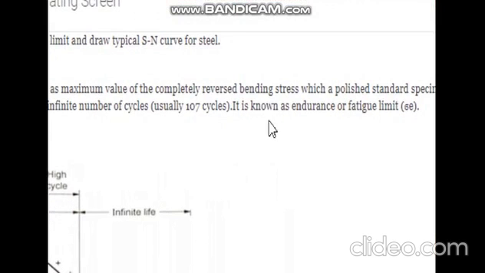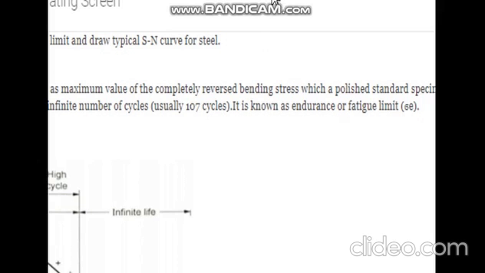It is known as endurance limit or fatigue limit. This is sigma suffix E. Here you should understand that it is not 107, it is 10 to the power 7, and this is sigma and its suffix E. This is the definition. You can write it down and keep. Okay, and this is the endurance limit.